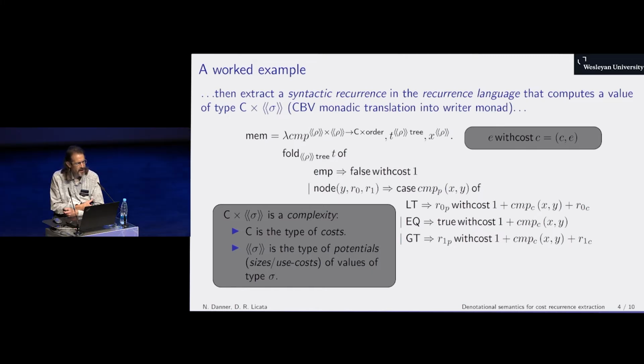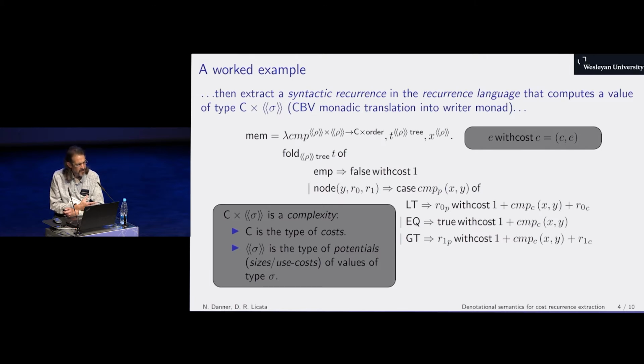That's what we think of as the type of potentials or sizes or usage costs of values of type sigma in the original source language. Size is the right way to think about it. Potential is a term that a co-author, Jim Royer, and I adopted a long time ago and possibly really poorly. To clarify, it does not directly have anything to do with potentials in amortized analysis. We're really thinking of it as the potential cost of a value of type sigma: how might it get used and contribute to cost?